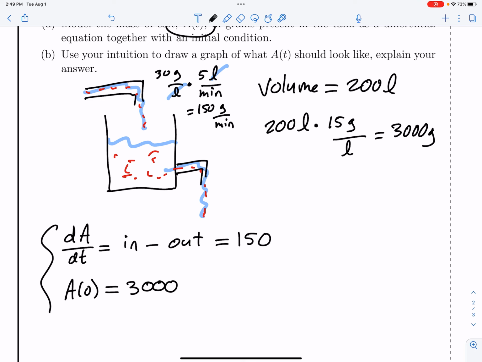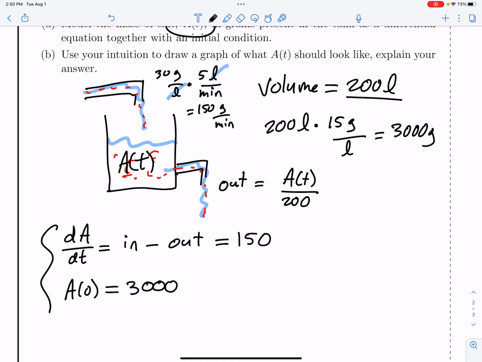The rate out, though, is a little trickier because whatever the current level of salt in there, it's not going to be a constant 15. It's going to get saltier and saltier and saltier. So there is some A of t, how much salt is in the tank. There is 200 liters in the tank. So the out here is going to be A of t over 200.